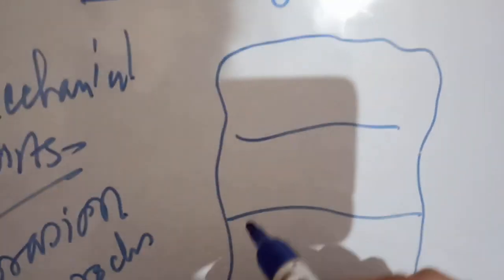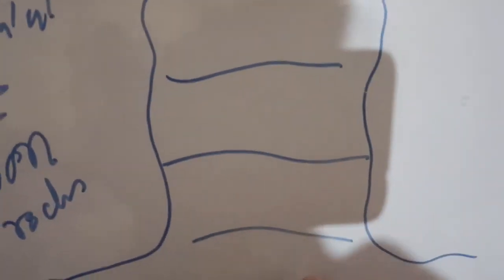Same here, because of mechanical weathering the joints get opened up, and due to abrasion the softer rocks get eroded away, and only the resistant rocks remain, and we call them the yardang. The feature looks quite like this.